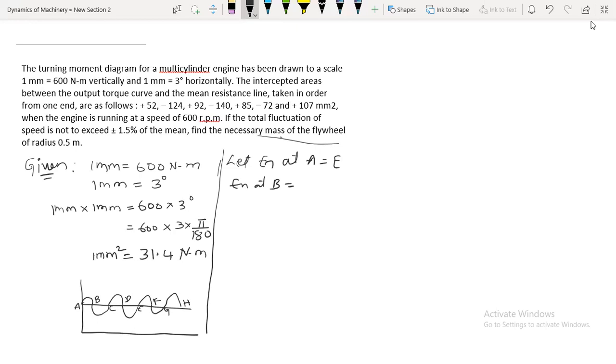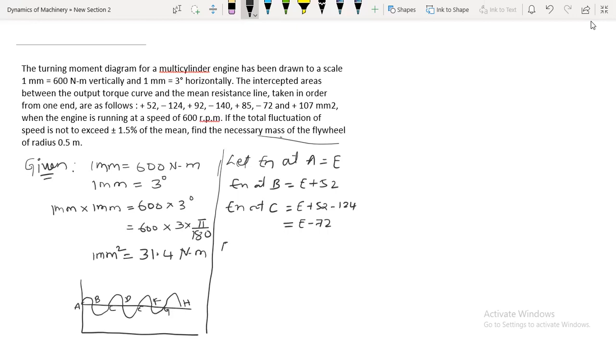Similarly, the energy at C is E plus 52 minus 124, so this will be E minus 72.